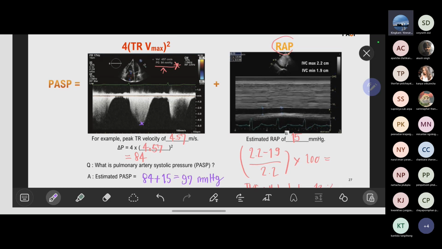Measure this TR envelope, and the peak TR velocity is 4.57, so the pressure gradient between RV and RA is 84.